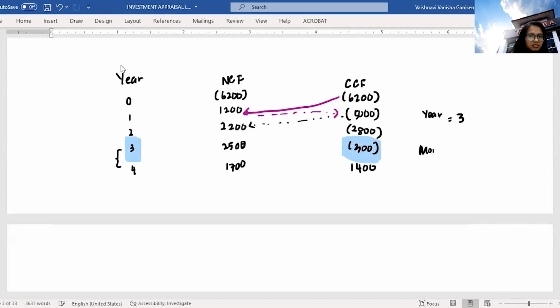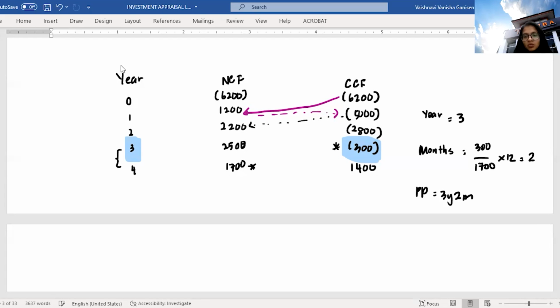Your number of months is the negative cumulative cash flow divided by the next year's positive cash flow, 300 over 1700, multiplied by 12, which is 2 months. So your payback period is 3 years, 2 months.